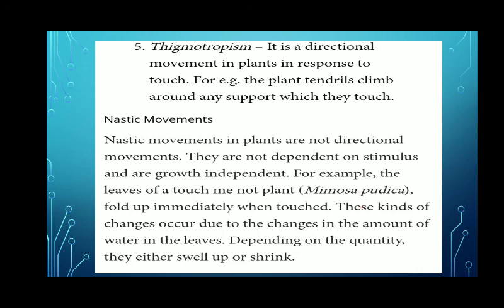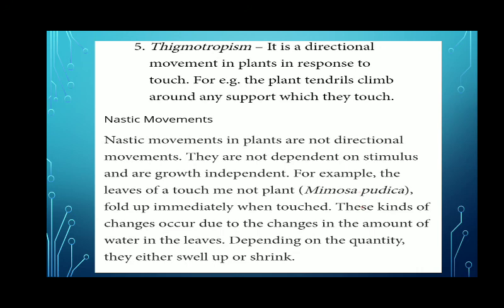This means the tendrils of climbers always move towards the support which they happen to touch. Here touch is the stimulus, and growing of the plant around that touch is the movement, and that movement is known as thigmotropism. Got it?